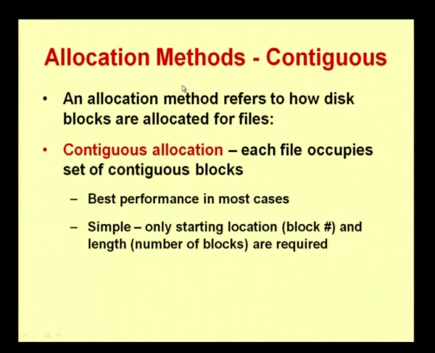Then we have a third allocation method, called the contiguous method. What is the difference between continuous allocation and contiguous allocation? Say, for example, I have an array with values 1 to 10, so I have space from 1 to 10, and I allocate 10 people to sit in that space.